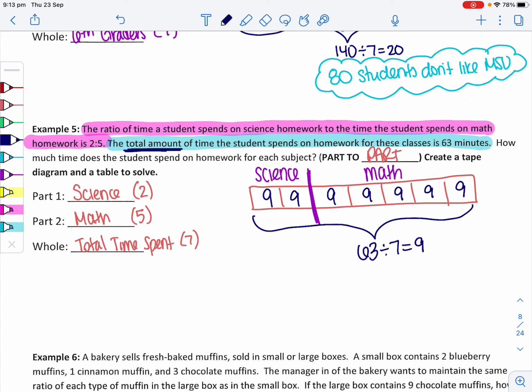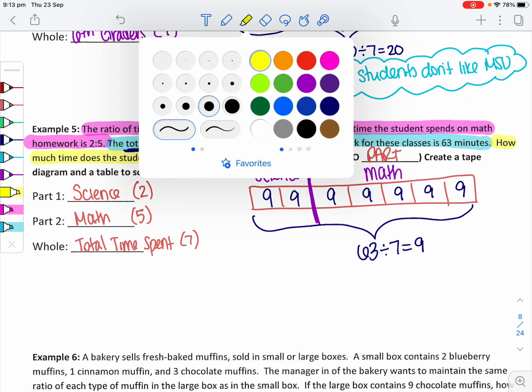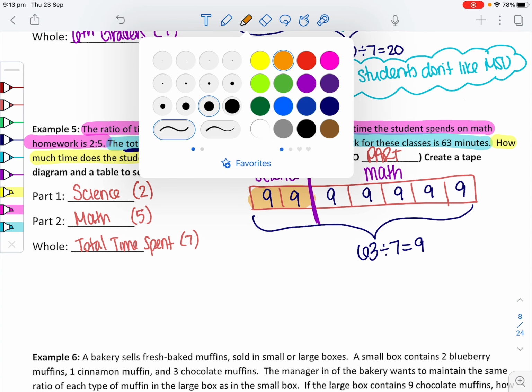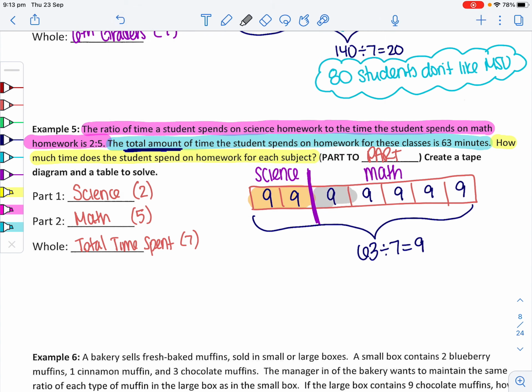And this one says, how much time does the student spend on homework for each subject? Well, that means I need to figure out science and math. So for science, they're doing these 2. And for math, they're doing these 5 over here. So 2 times 9 is 18. And then 9 times 5 is 45.